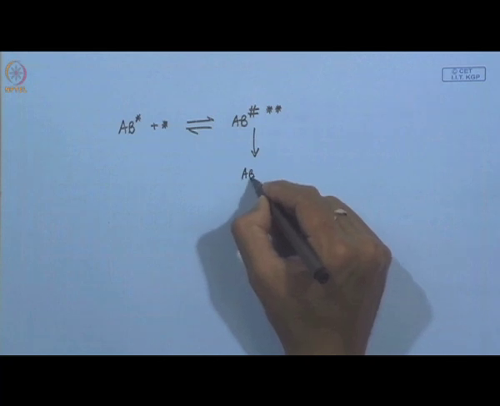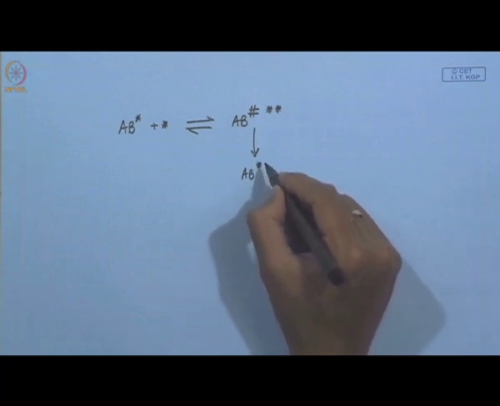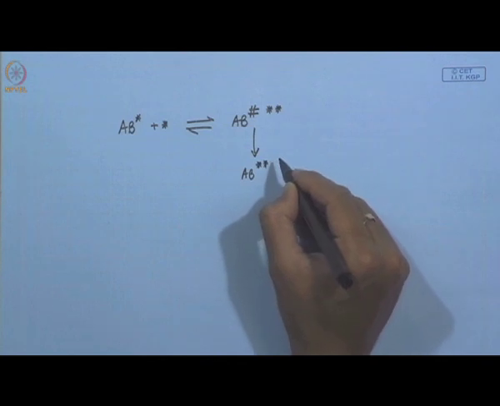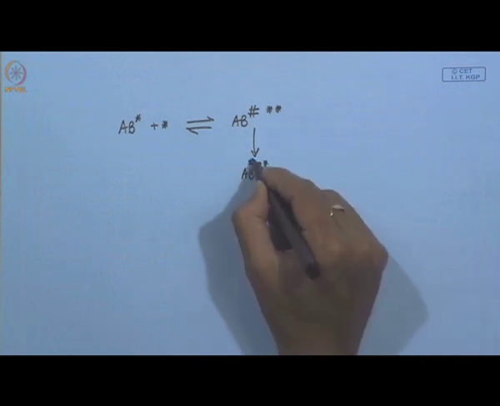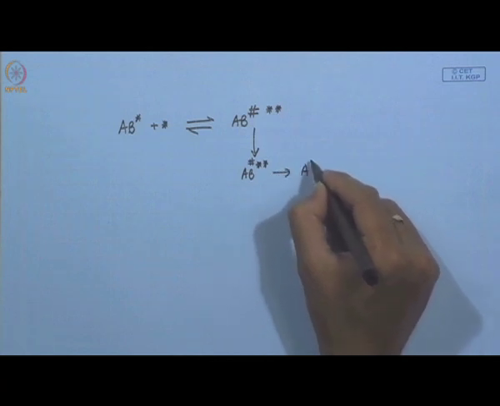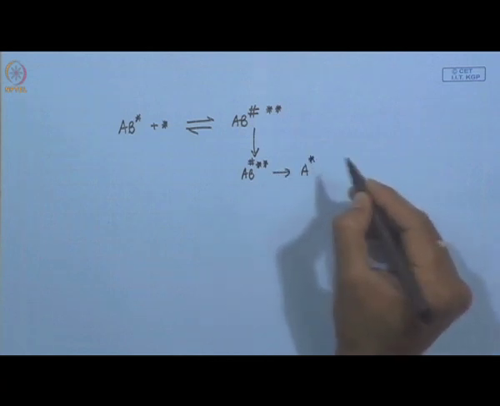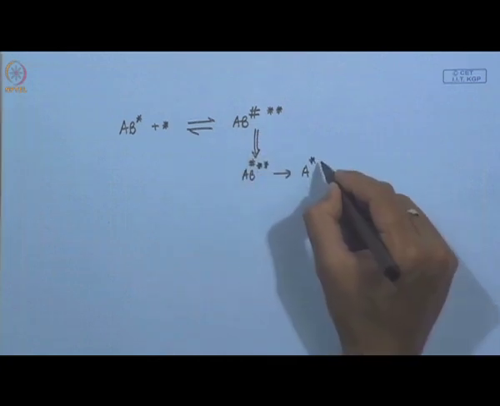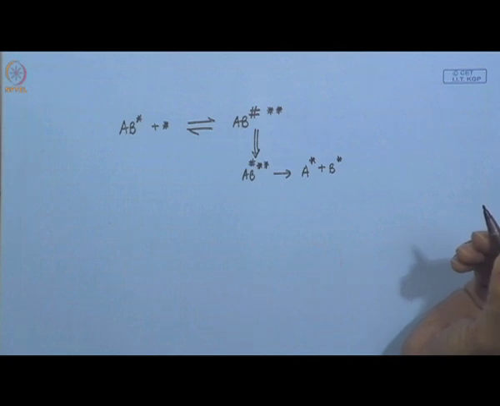AB star double dagger gives rise to A star plus B star. Okay.